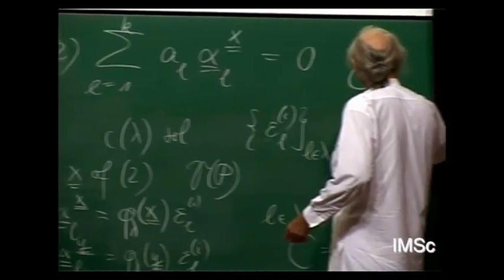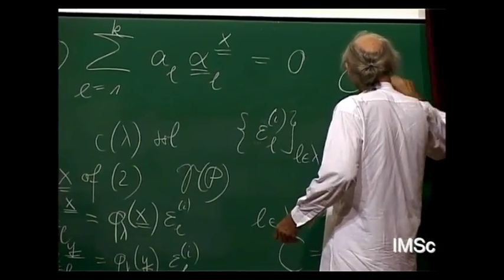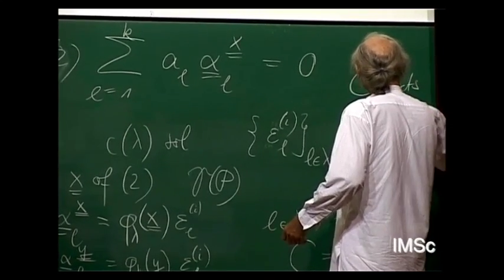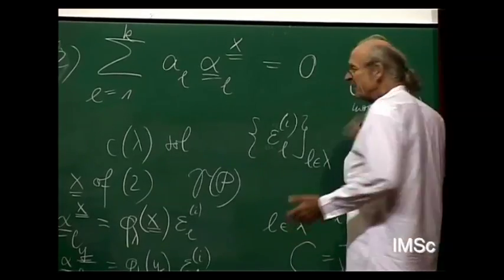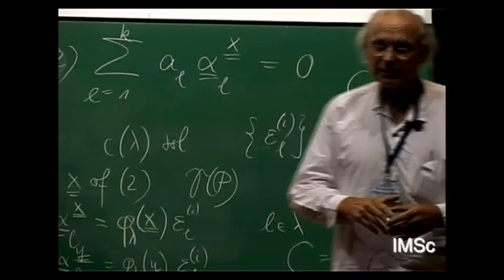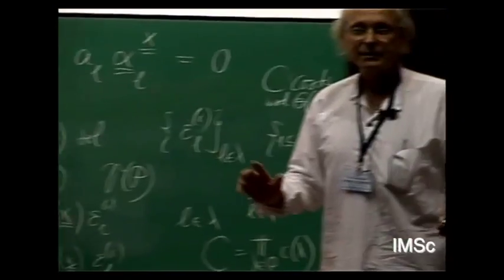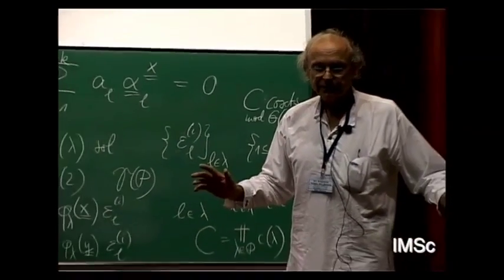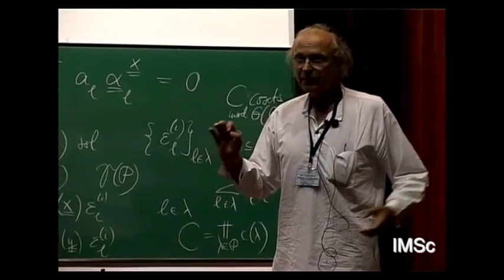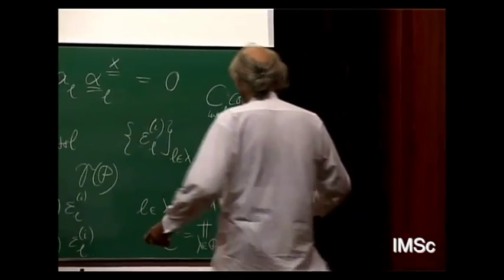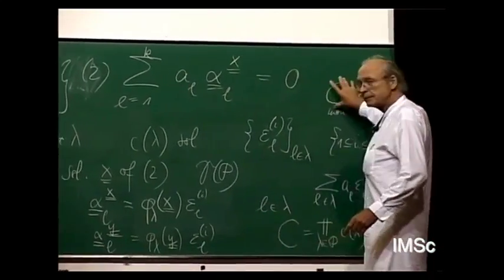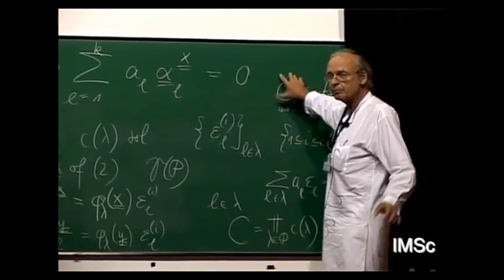C cosets modulo G of P. And now it is obvious, when our relation group G of P is trivial, so when G of P is just 0, the cosets are just one-element sets, so under these circumstances this equation has simply C solutions, right?